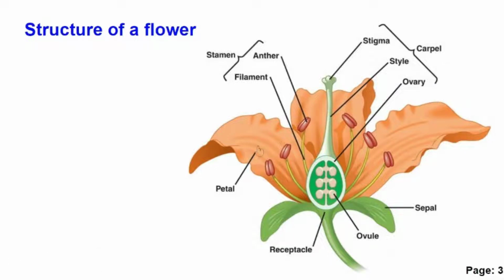And what do you call the colorful part of the flower? The colorful part of the flower, you can see it's yellow, purple, pink. Okay, petals. The petal is the bright color of the flower.